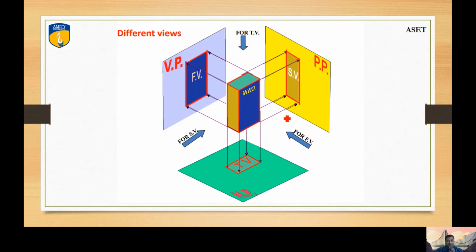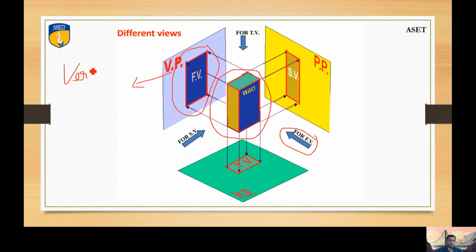Coming back to the same example of your mobile. Suppose this is your mobile, and you are seeing it from the front. As I have told you, when you see from the front, the view will be the front view, right? The image which appears on this plane is the front view, and the plane on which the front view is located, as you can see, VP is written here. VP is called vertical plane.